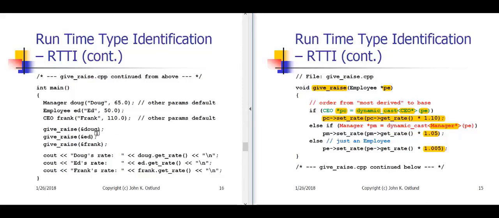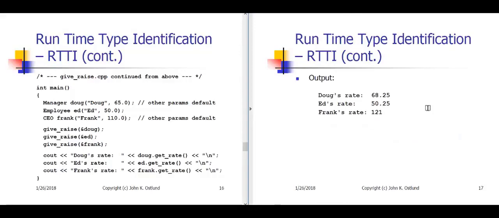When we give a raise to Doug, Doug is going to get a 5% increase, so that's going to be a $3.25 raise. Ed is an employee, so Ed is going to get a 25-cent raise, and Frank, the CEO, is going to get himself an $11 raise. And so the output of our program looks like so. Clearly you don't want to be an ordinary employee at this company.